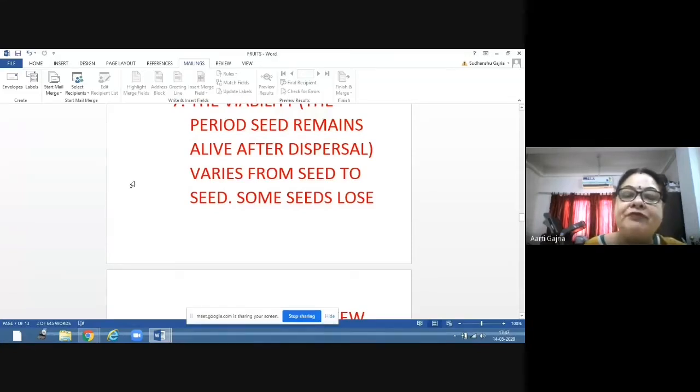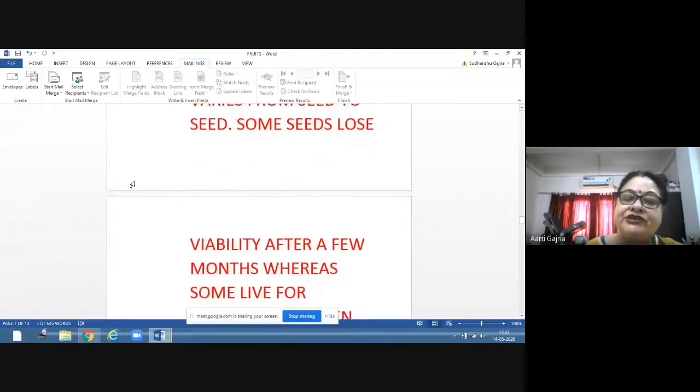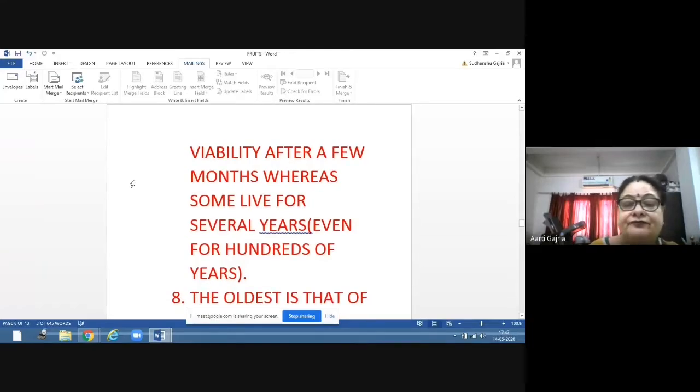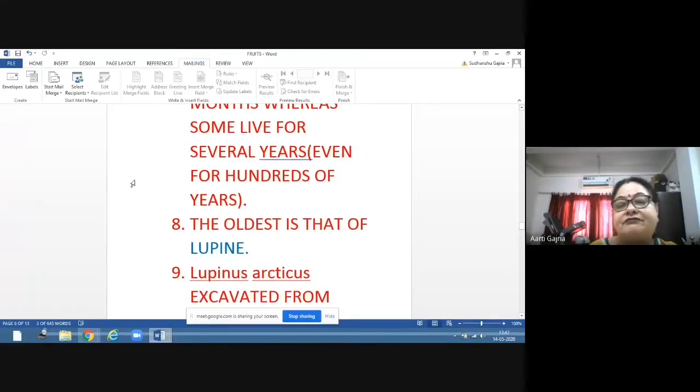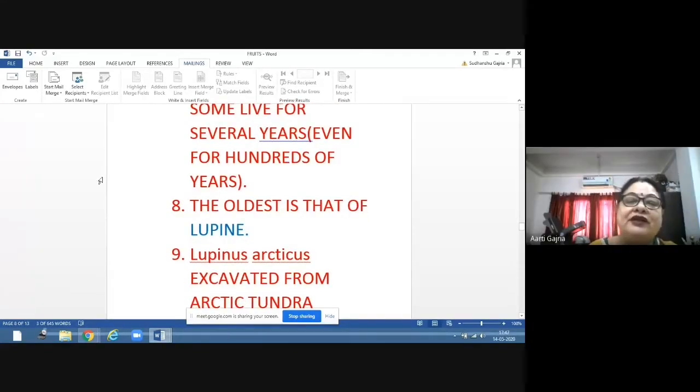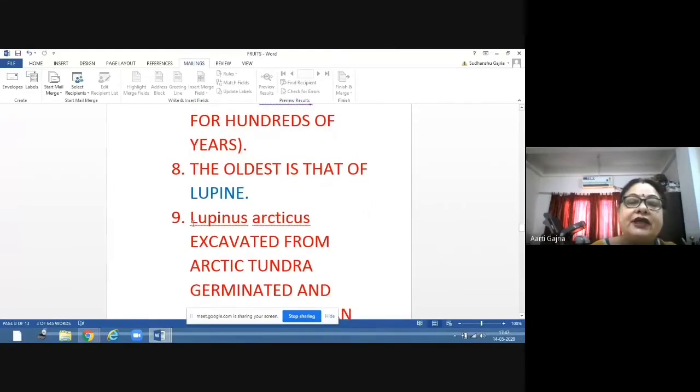This viability period is different for different kinds of seeds. In some it is a few months, in some a few years, and in some hundreds and hundreds of years. The oldest seed which we have discovered till now is the lupin. This lupine is the oldest seed. The biological name is Lupinus arcticus.